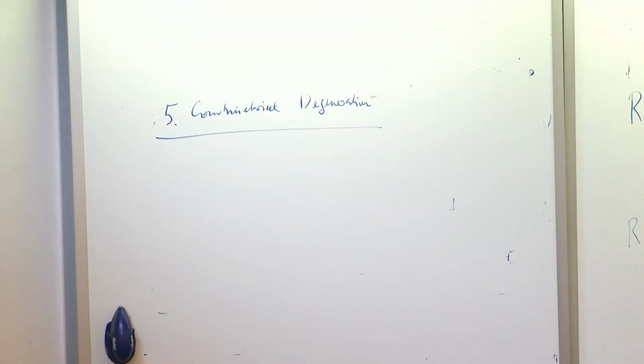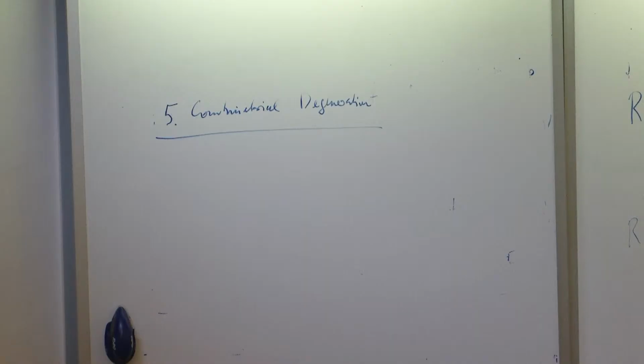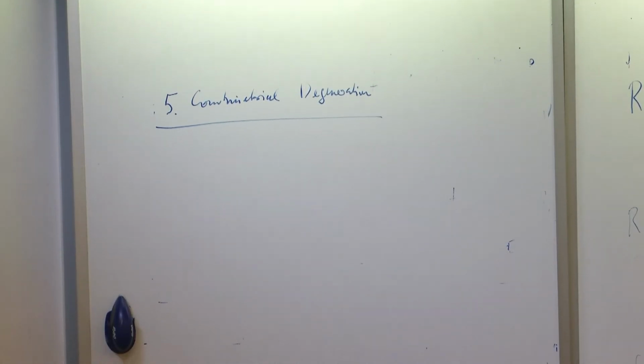Okay, so the next topic is called combinatorial degeneration. Well, there's some combinatorics here. So the idea is I have a tensor, and I want to do a block decomposition, like with matrices.